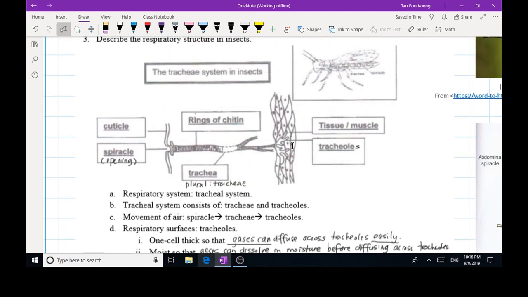Now in certain insects, large insects like grasshoppers, we will be able to find some air sacs. This is an air sac along the trachea. Now, what is the use of the air sac here? It is to speed up the movement of air in the trachea.